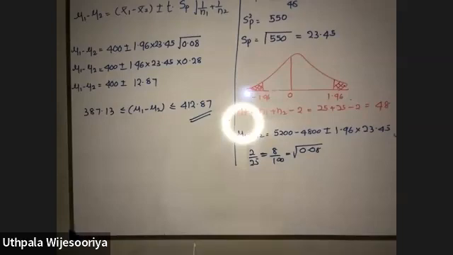Why is that? Because of our sampling error. The sample is not the population, even when you use the most accurate sampling technique. Therefore we introduce the confidence level also.